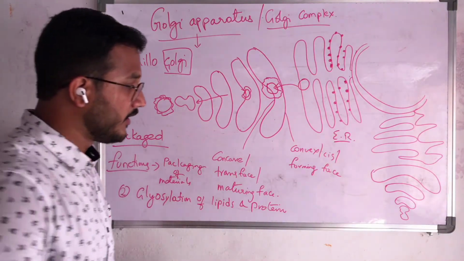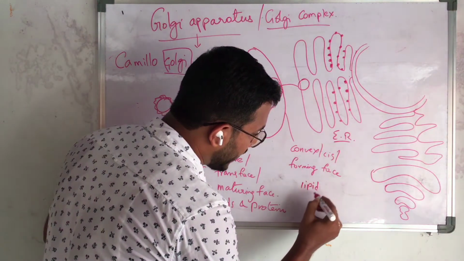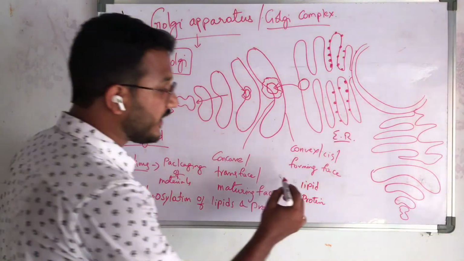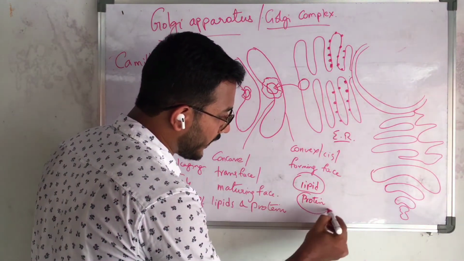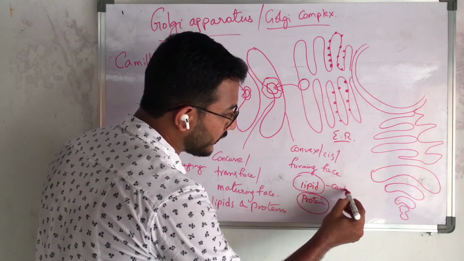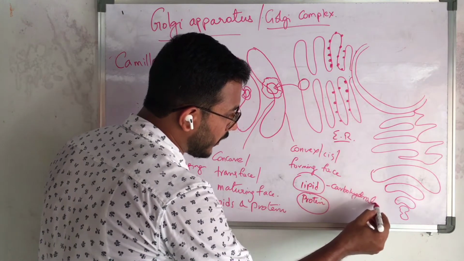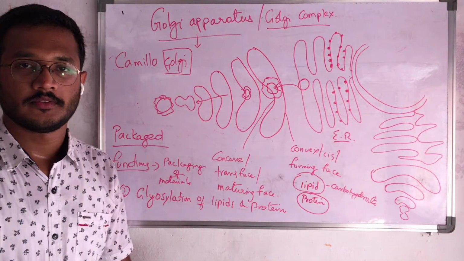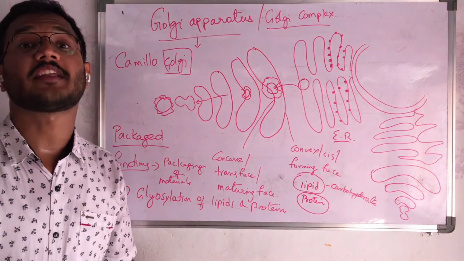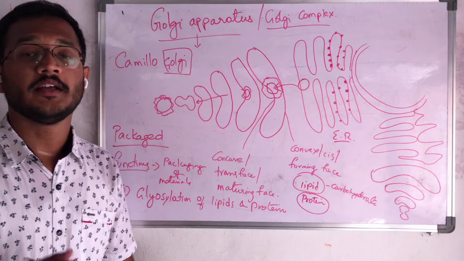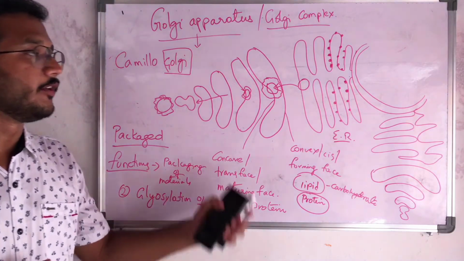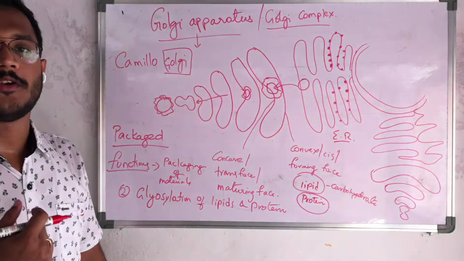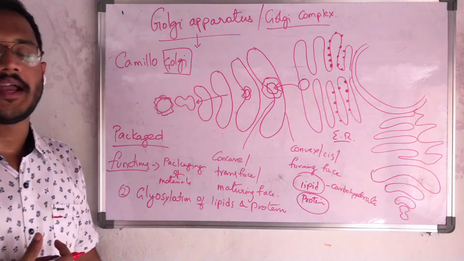So, for example, this is the lipid and this is the protein. Glycosylation means covering the lipid and the protein with a carbohydrate so that the inside material will be safe. It is also easier to transport when surrounded by carbohydrate. So the Golgi apparatus performs glycosylation of proteins and lipids, and also packaging of other materials.